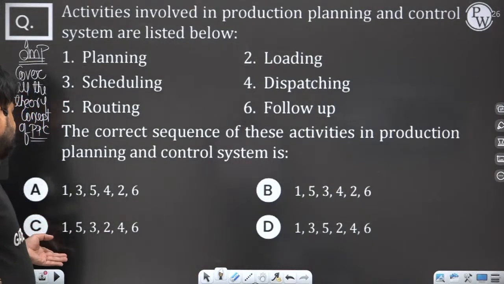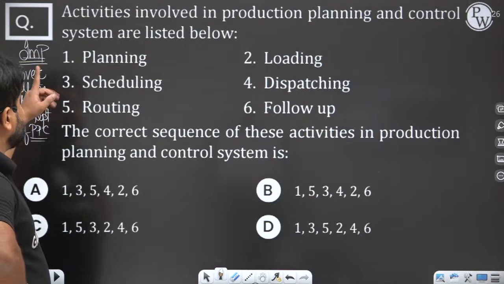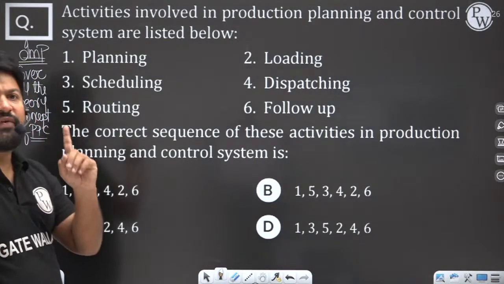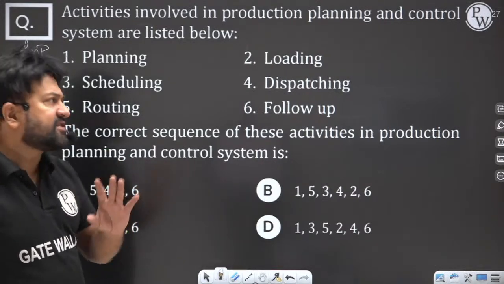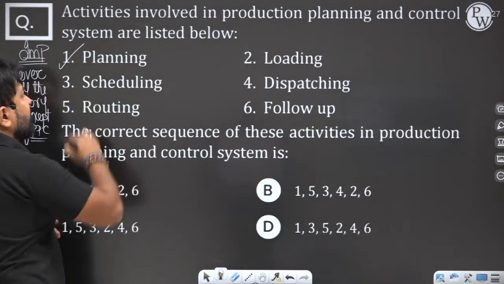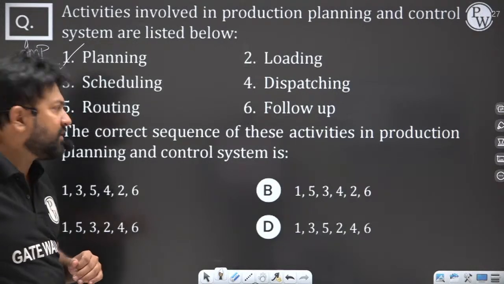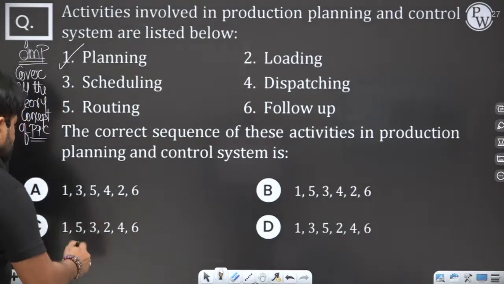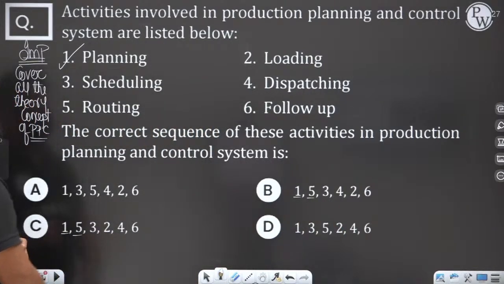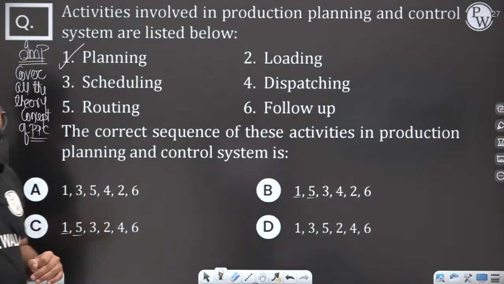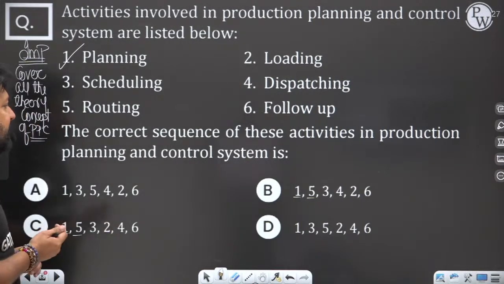So one must be the first thing. So 1 comes first. Then after what comes? Routing. 1, 5. After routing, what comes? Scheduling. Right. So scheduling is required.